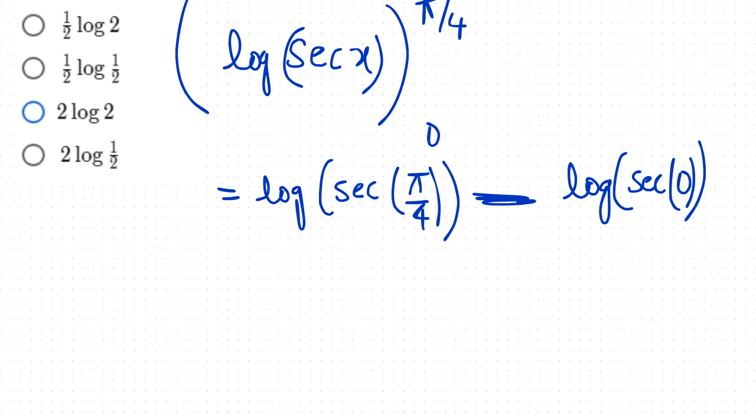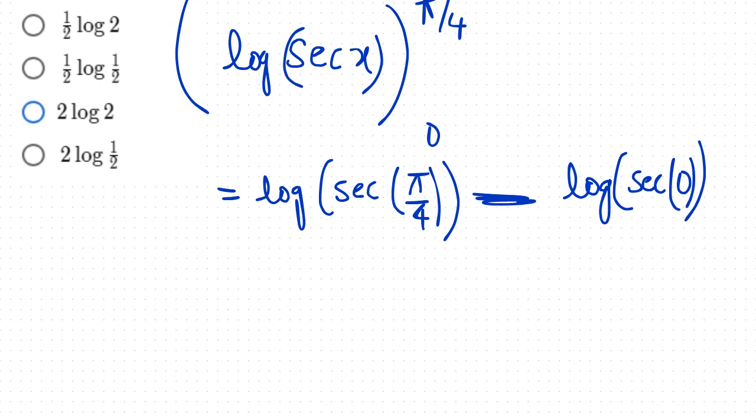Secant of pi by 4, how much? See, pi by 4 means how much? 180 divided by 4 is 45. 45 degrees.